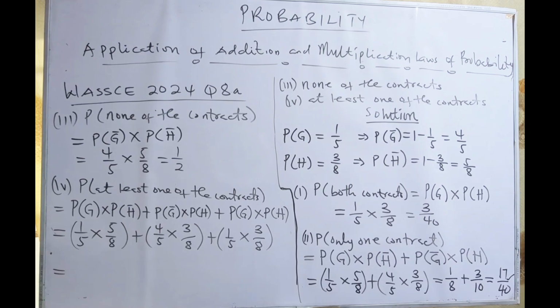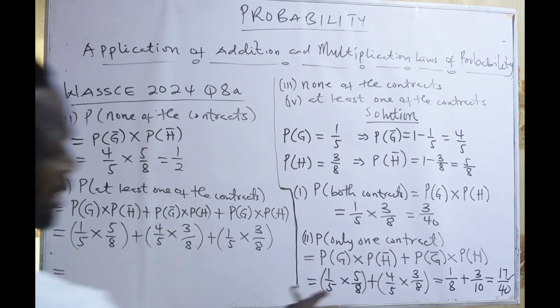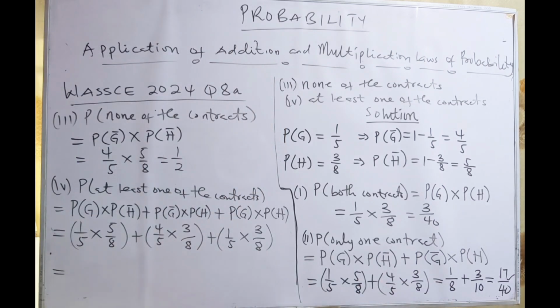So here 1 over 5 by 5 over 8, I think that is the same, we did that, will give 1 over 8. Plus 4 over 5 times 3 over 8, that is the 3 on 10.